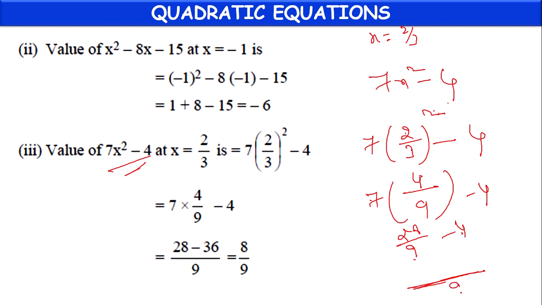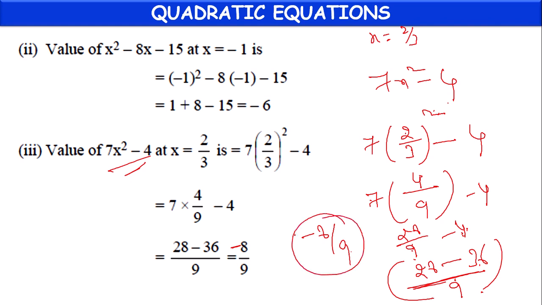We have to take the LCM. LCM is 9. 9 times 4 is 36. So minus 36 plus 28 gives minus 8 by 9. The value of the polynomial is minus 8 by 9.